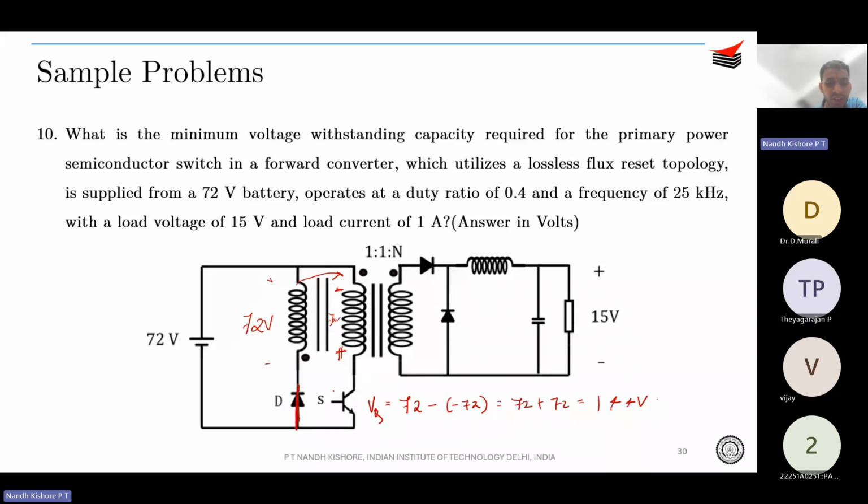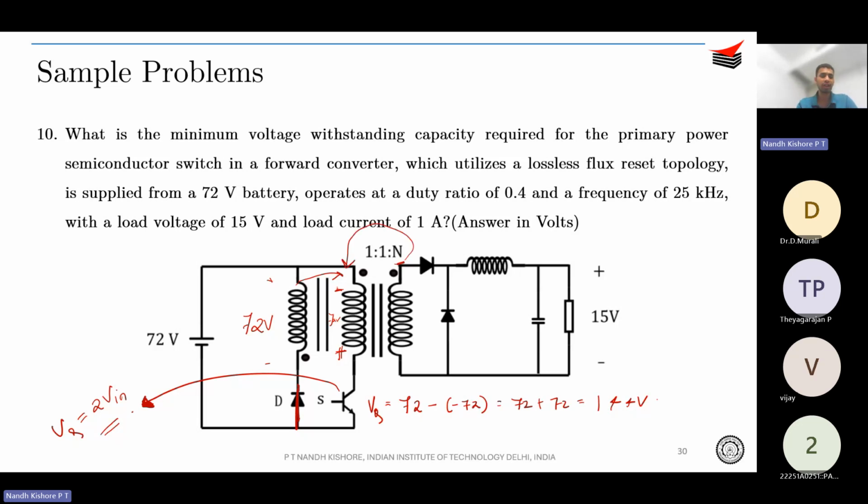That is why we generally say, when the switch is used with a demagnetizing winding for lossless flux reset topology, the blocking voltage that you get, VQ, is equal to 2 times V in. Okay, that is 144 volts. Got it? Another straightforward answer. The bigger answer would be that you find V naught, then you find out what is N, transfer it to the primary side and then you get VQ.